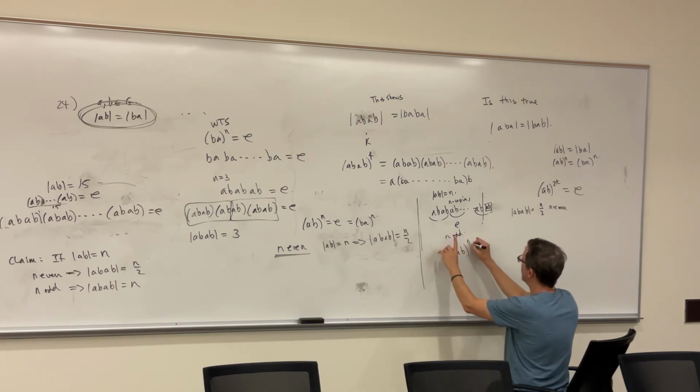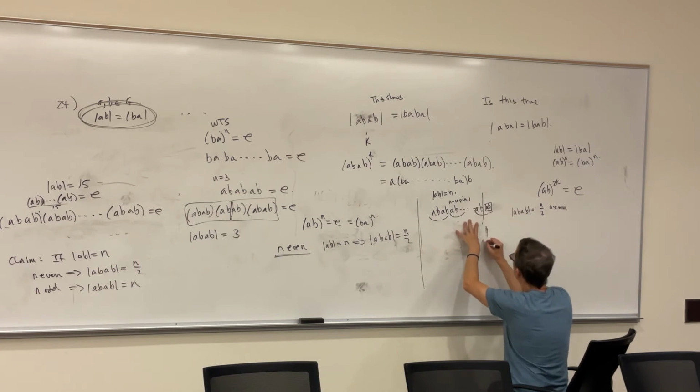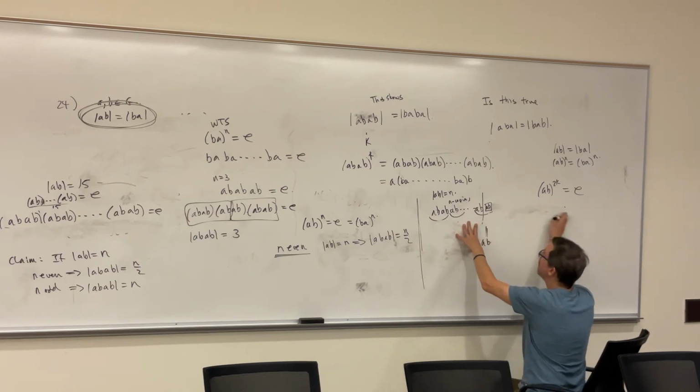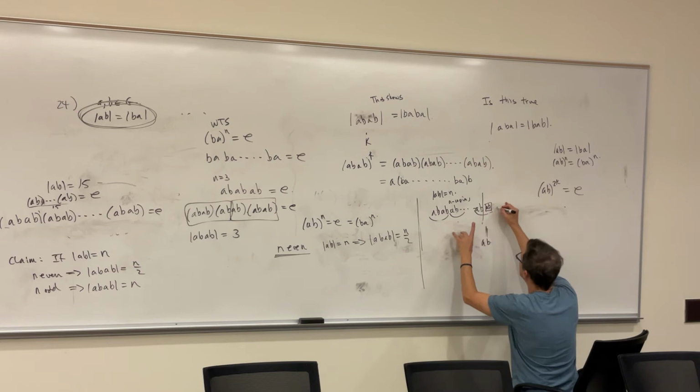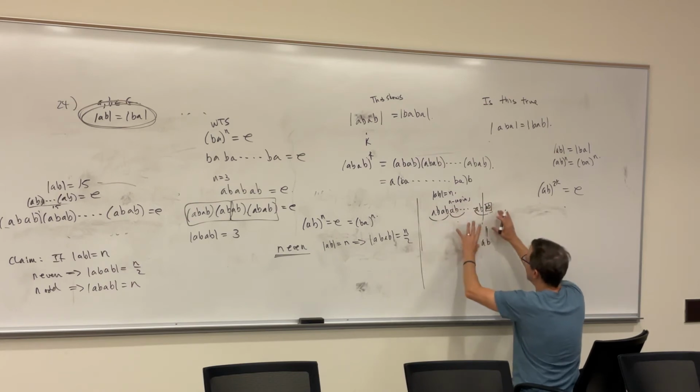To the nth. So right now, that's equal to AB. And then I start tacking on more ABs. Right now I've got an even number of ABs, so I'm good to go.